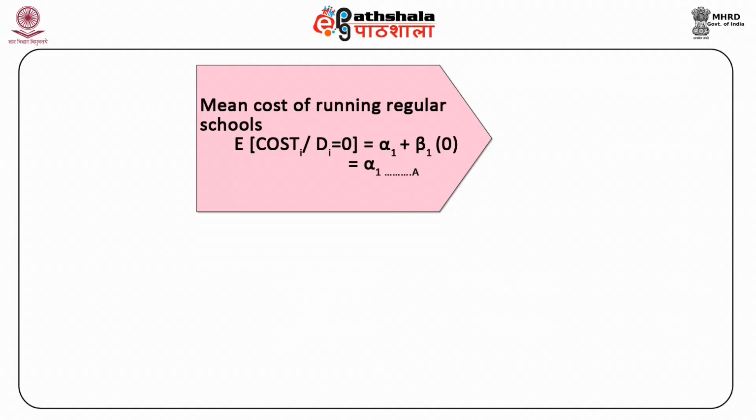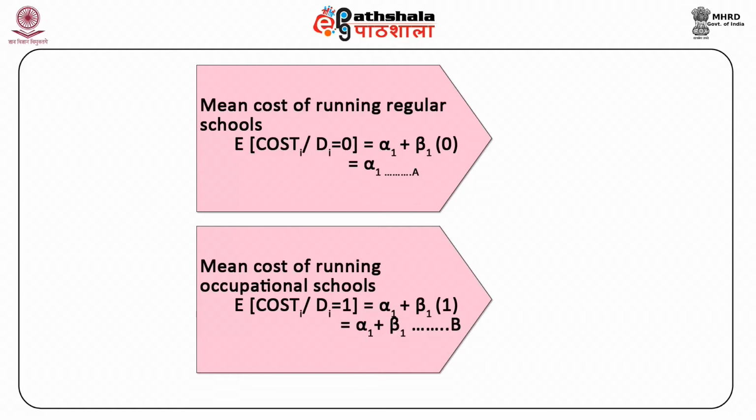On the other hand, mean cost of running occupational schools is represented by equation B, where the expected or mean value of the cost of running an occupational school, putting d i equal to 1, is equal to alpha 1 plus beta 1 into 1, that is equal to alpha 1 plus beta 1.